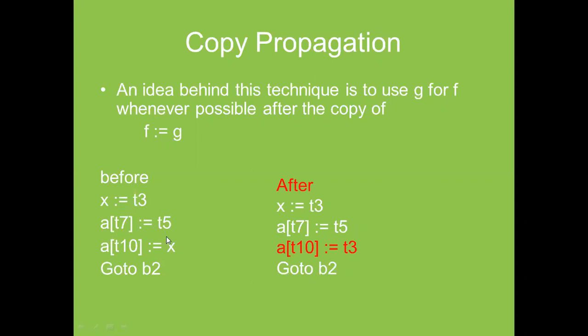A need arises to replace this x by t3. So this is called copy propagation. You are considering this value t3, because you have already assigned a temporary variable, and after assigning, you are again writing x. So in place of x you can write the already assigned value t3.